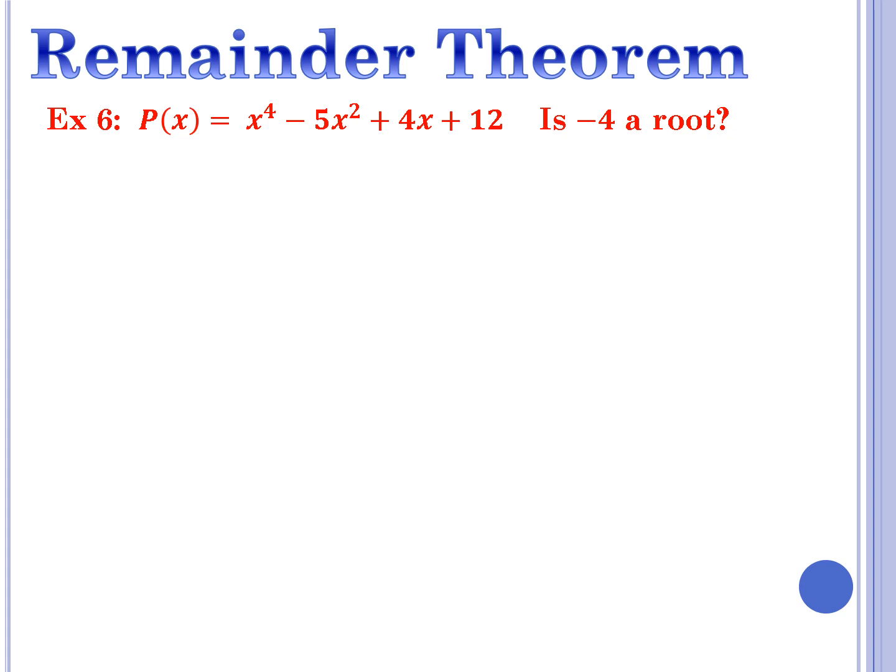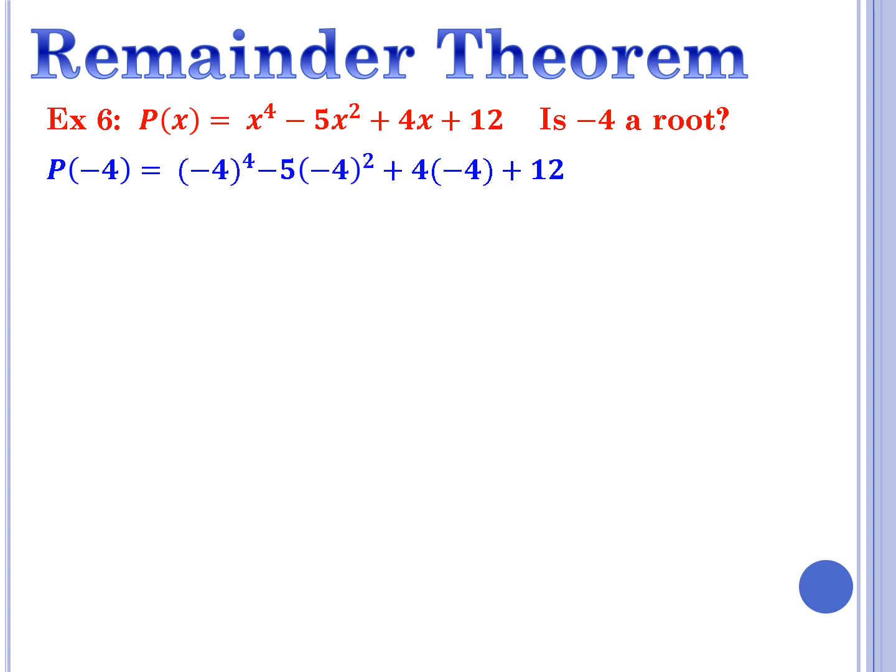So let's look at this example. P of x equals x to the 4th minus 5x squared plus 4x plus 12. And I want to know, is negative 4 a root? So that means I'm going to take negative 4 and substitute it into the equation.